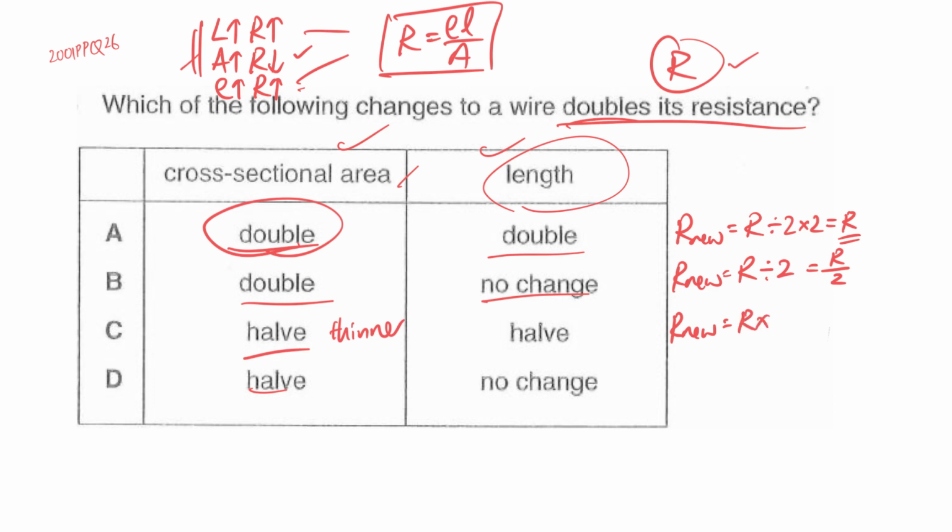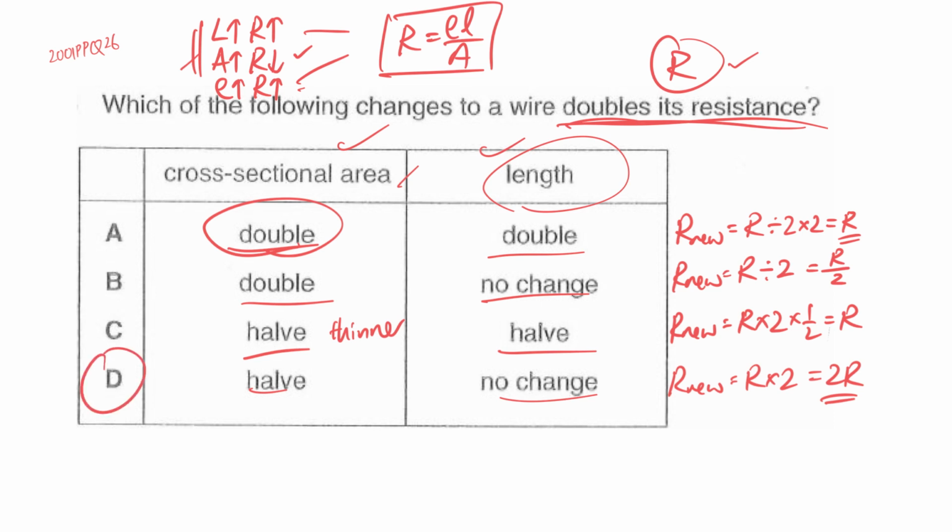So it's R times 2, make it bigger. And then when the length is half, the resistance will be half also. So times half, you end up with R. So that's not what I want. Let's take a look at the final one. R times 2, and there's no change, so you have a final resistance of 2R, which is what I want. So the answer will be D.